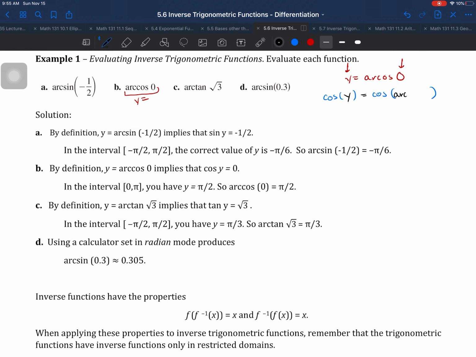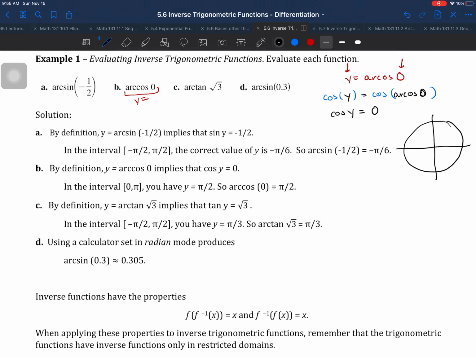Our cosine of 0. All right, so we've got to match those two, right? So what happens on the left side? Nothing. What happens on the right side? You get 0. So you have to find in the unit circle the angle.